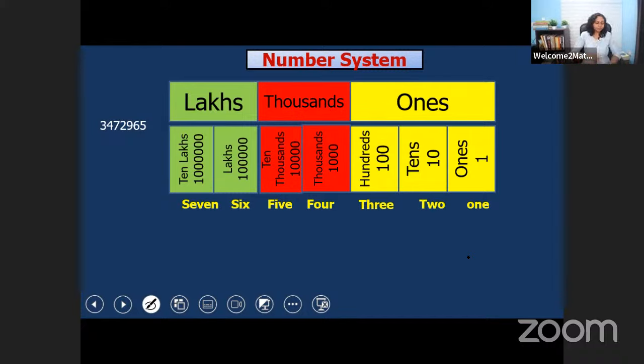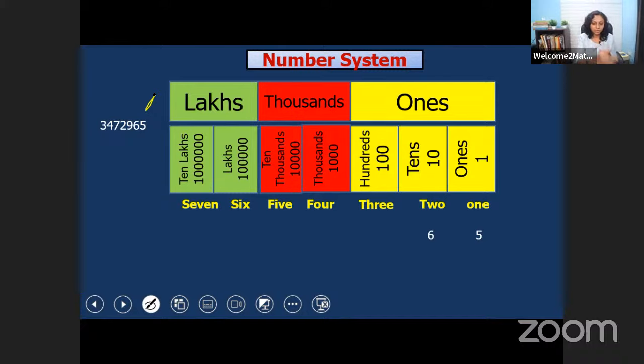So let's start. It's a 7-digit number. Let's take first 5. We start from the ones place, so 5 is at the ones place, and we write 5 there. Next digit is 6, at the tens place.